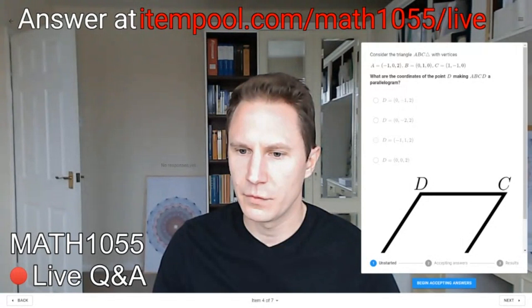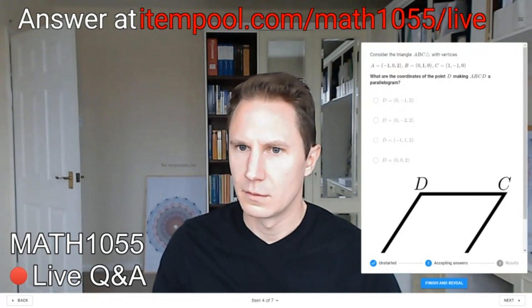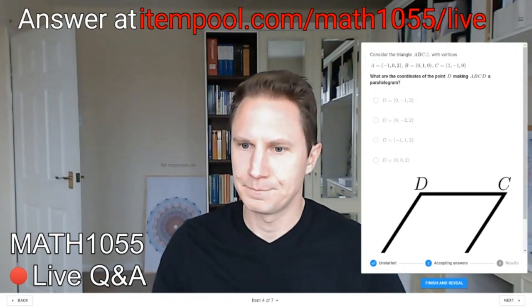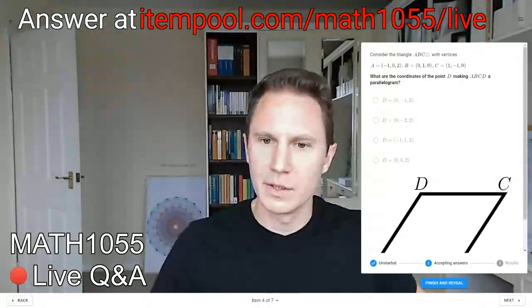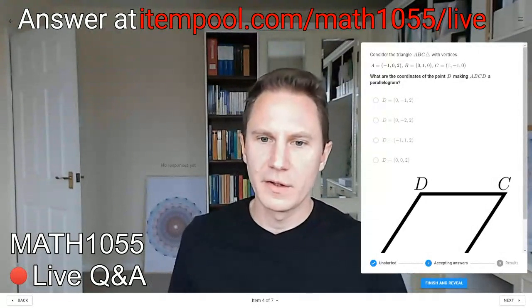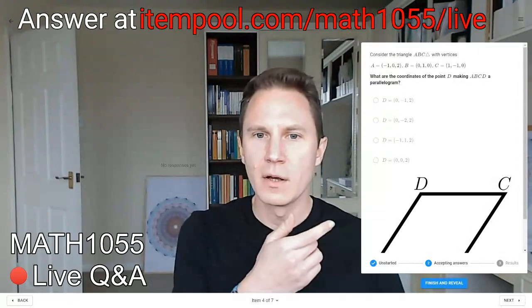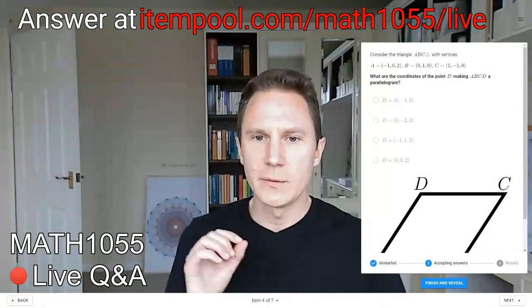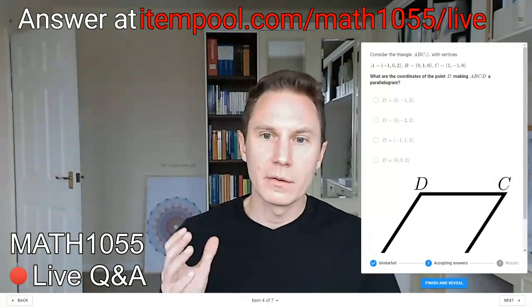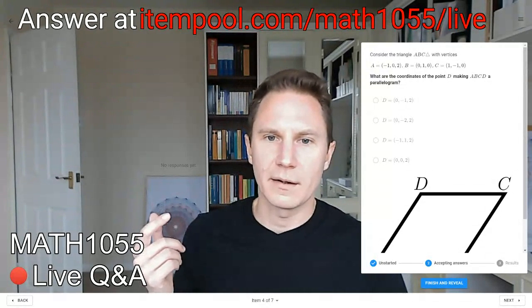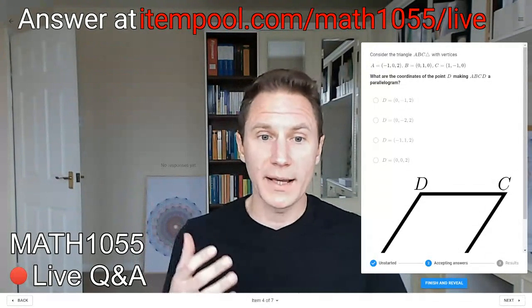The figure is a bit too large, so it doesn't fit on the image. But basically what we have here is a triangle with vertices A, B, and C in space.